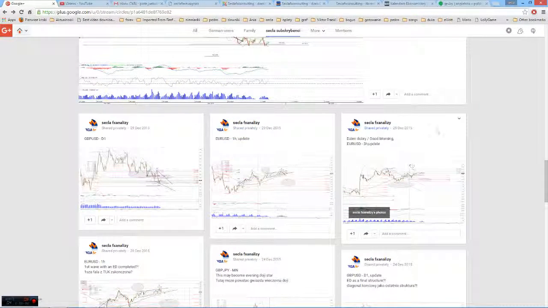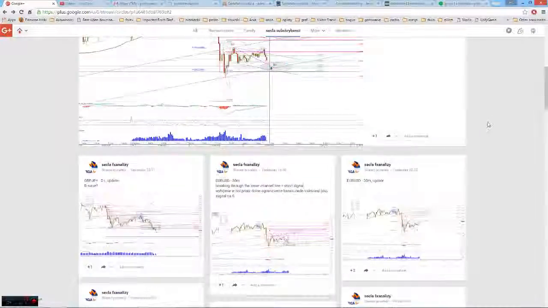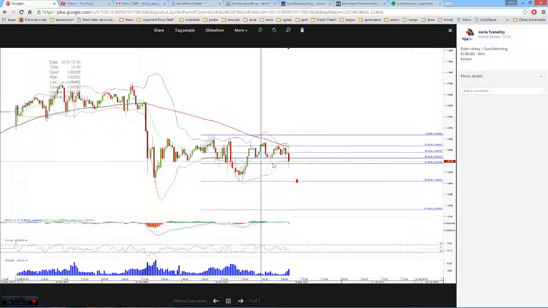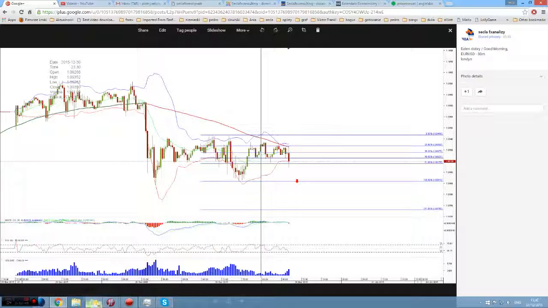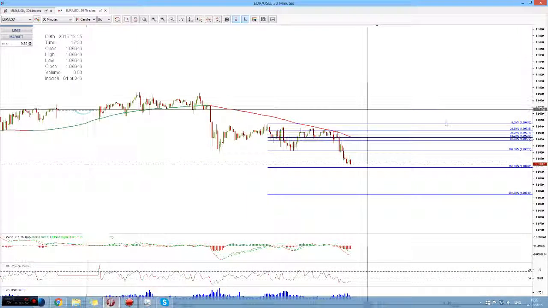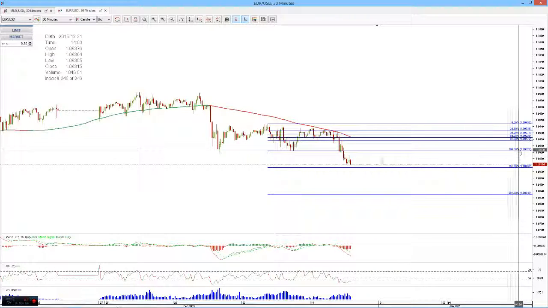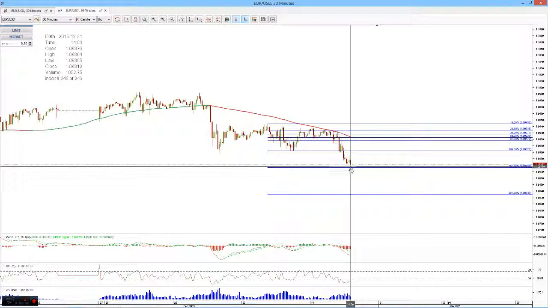This morning, and actually yesterday, I suggested that the market may break to the downside during the London session. And as you can see, this FIBO 100 was broken to the downside, and if you check the 30-minute chart, you can see we have moved through this FIBO 100 and we are falling to the downside.